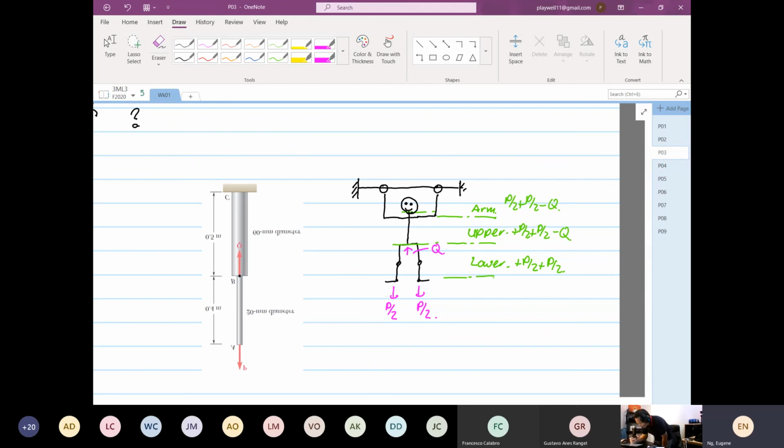That is why when you have a Q down here pushing you, you feel less. Your hands are less tired, but your anchor can still feel the P/2. Does that make sense? Somewhat, right? So you have to put yourself in a hangman situation.